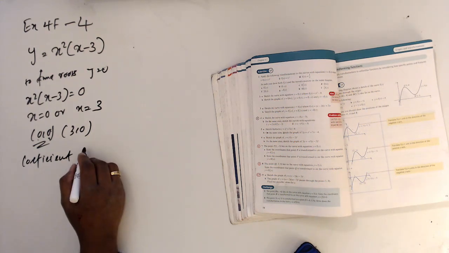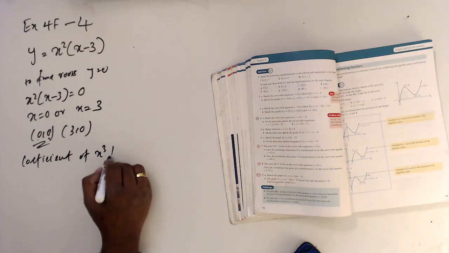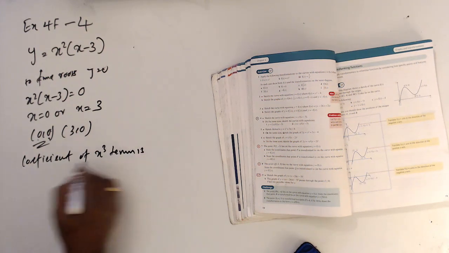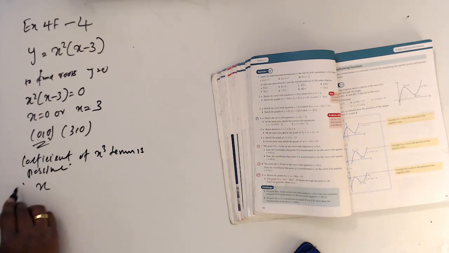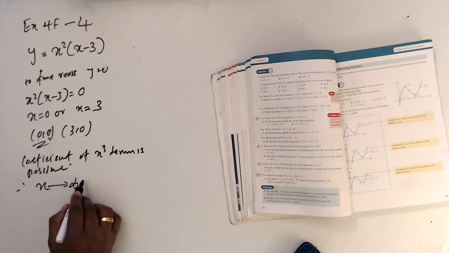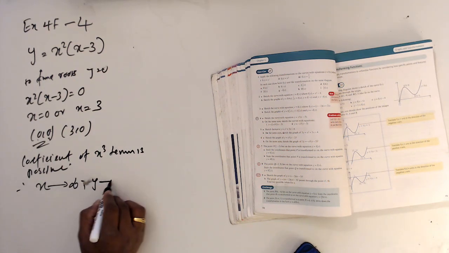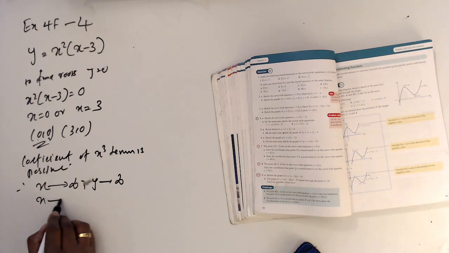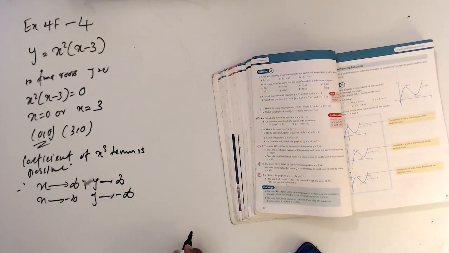The coefficient of the x cubed term is positive, hence as x goes to positive infinity, y goes to positive infinity, and as x goes to negative infinity, y goes to negative infinity.